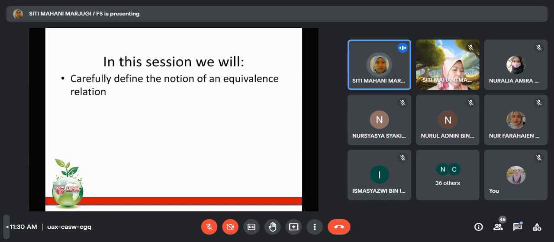In this section, just to note, you must be careful to define every denotation of the equivalence relation. Equivalence relations give rise to equivalence classes, but we do not go into equivalence classes, only the equivalence relation.